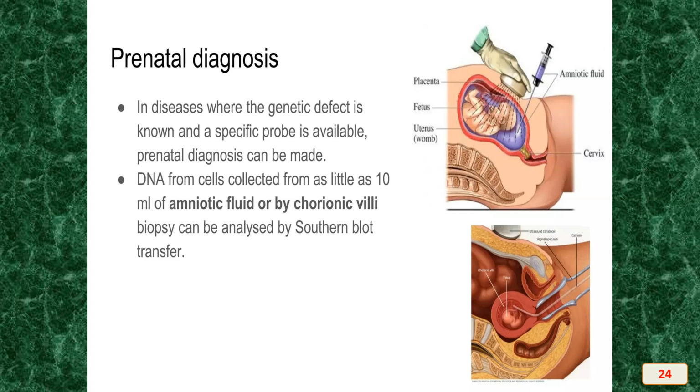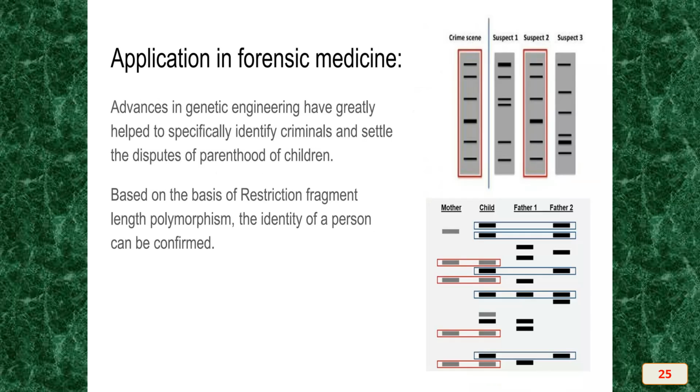So diseases very early in nature can be easily diagnosed using such recombinant DNA technology. Then application in forensic medicine is also another thing, to investigate a crime scene, and the advances in genetic engineering have greatly helped, specifically in identifying criminals and settling disputes, especially the parenthood of children.